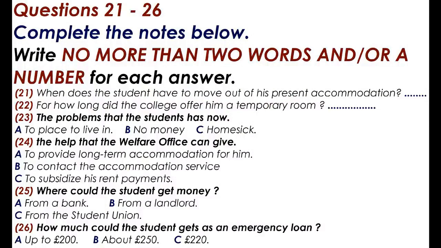Now turn to part 3. Part 3. You will hear a conversation between Caesar and a welfare officer. As you listen, answer questions 11 to 20. First, you have some time to look at questions 21 to 26.